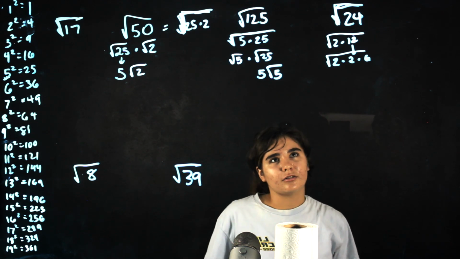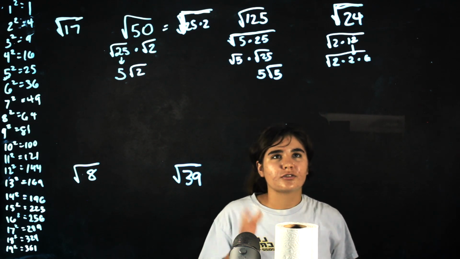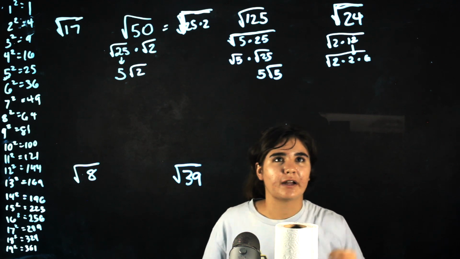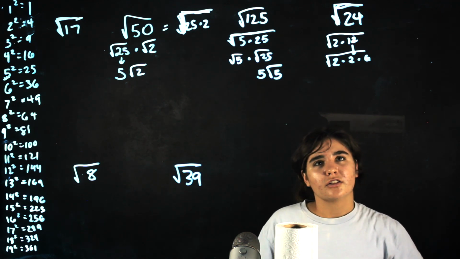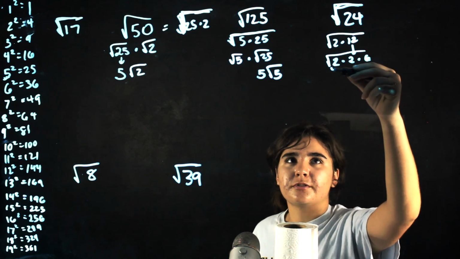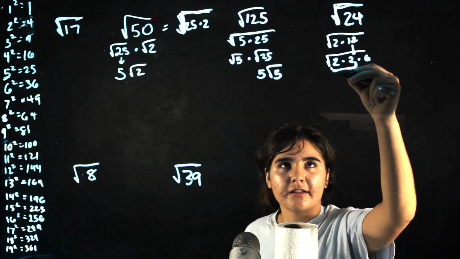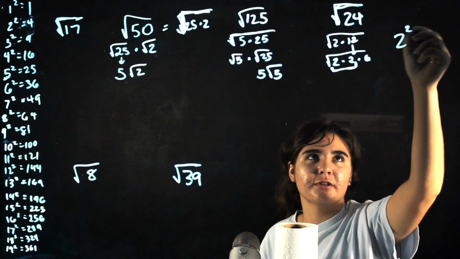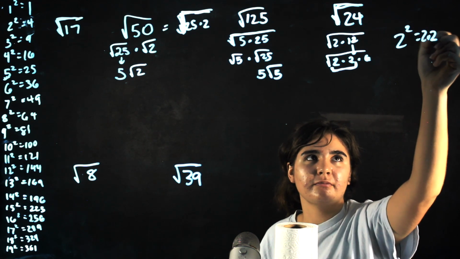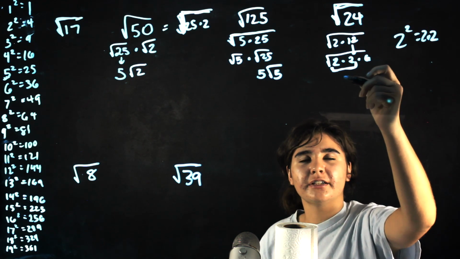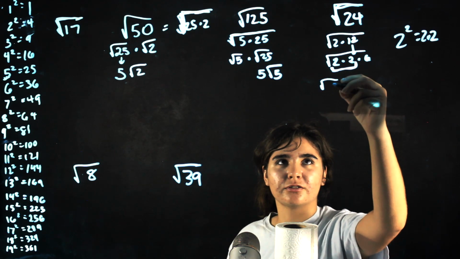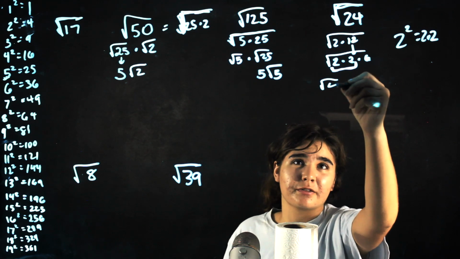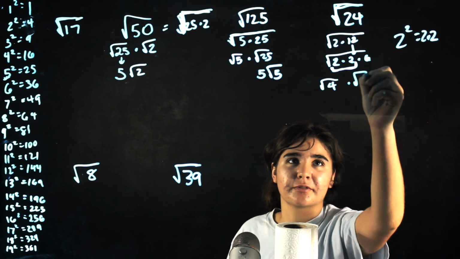So right now, we have that rad 24 is equal to rad 2 times 2 times 6. This 2 times 2 here, that's just a perfect square, right? 2 squared is equal to 2 times 2. So really, in reality right here, you can kind of think of it as a radical 2 times 2, or rad 4 if you actually multiply together, times rad 6.